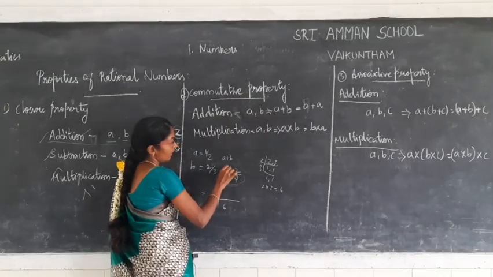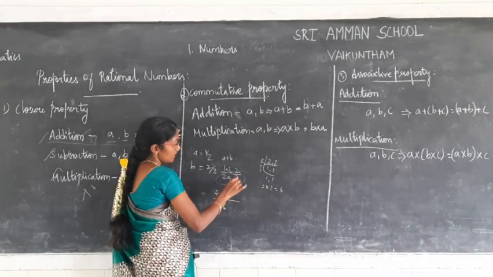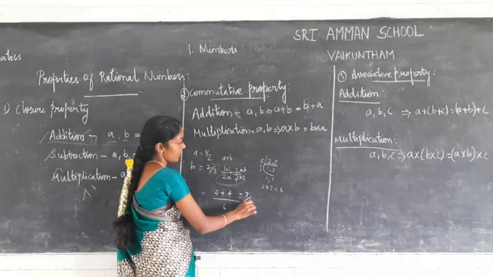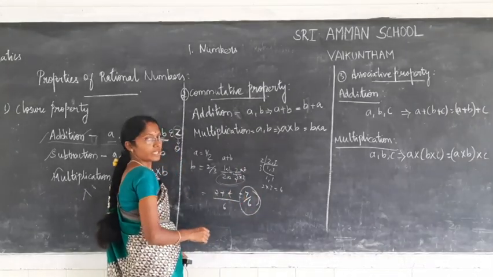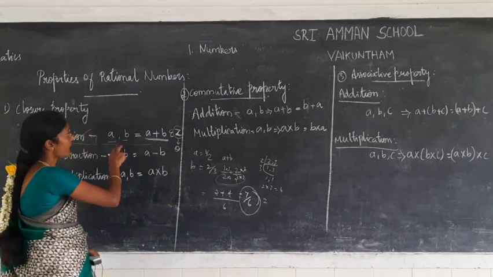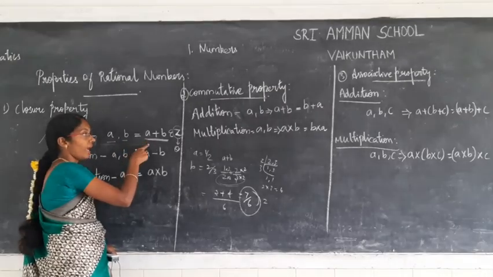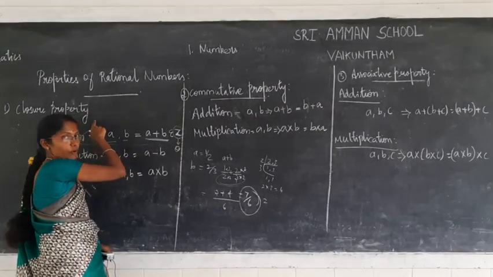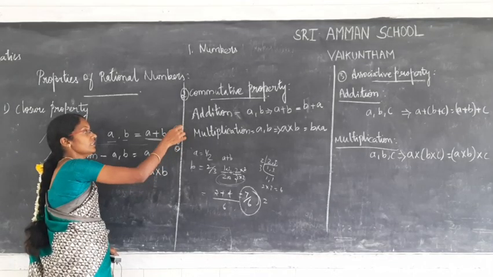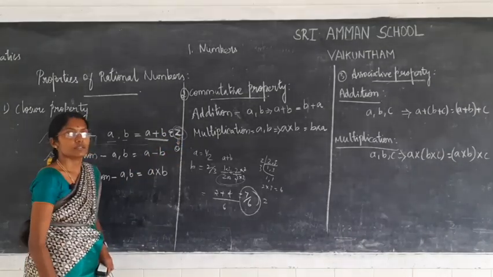So 3 plus 4, that is 7 by 6. This is also a rational number. So for any 2 rational numbers A, B, if we add, A plus B also belongs to rational numbers. That is the closure property.